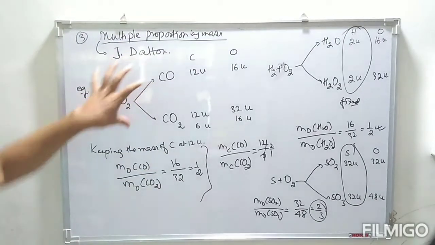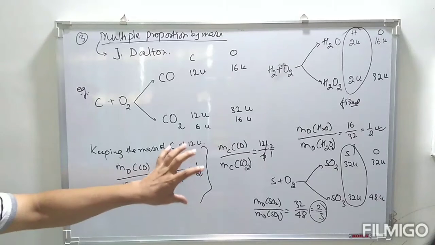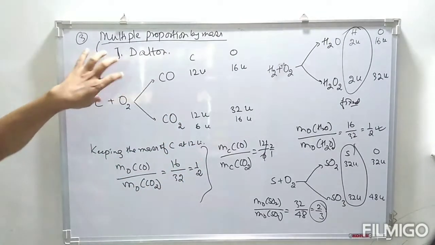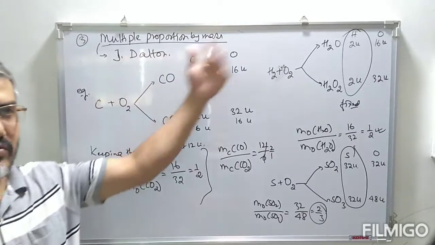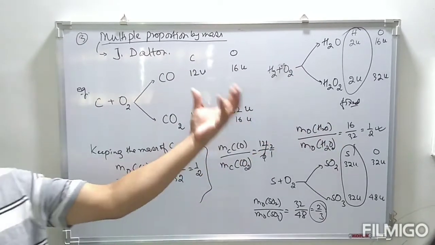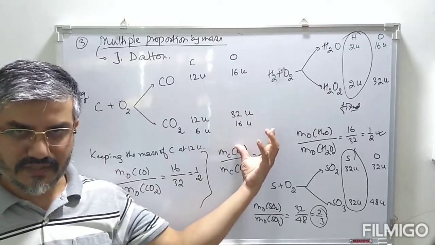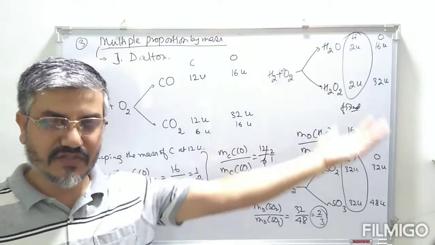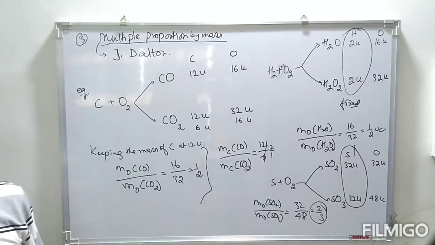So again, I'm emphasizing here. Here we are taking the combining elements to be the same. The same combining element is giving you more than one product. So in the product, we keep the mass of one of the components fixed. For the fixed mass of one combining atom, we take the mass ratio of the other combining atoms.